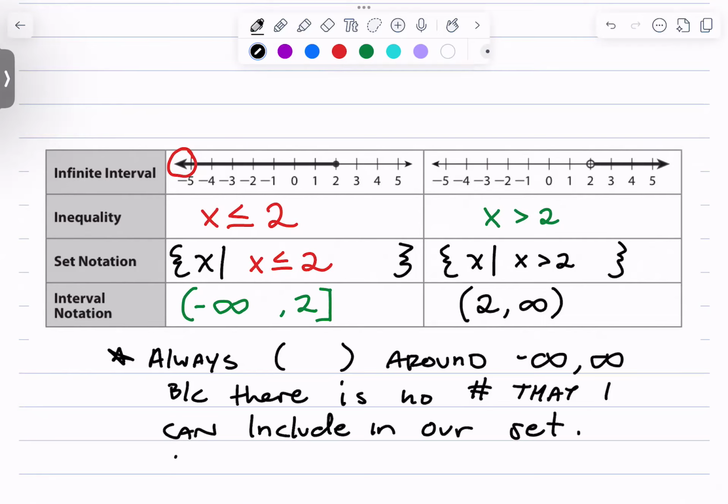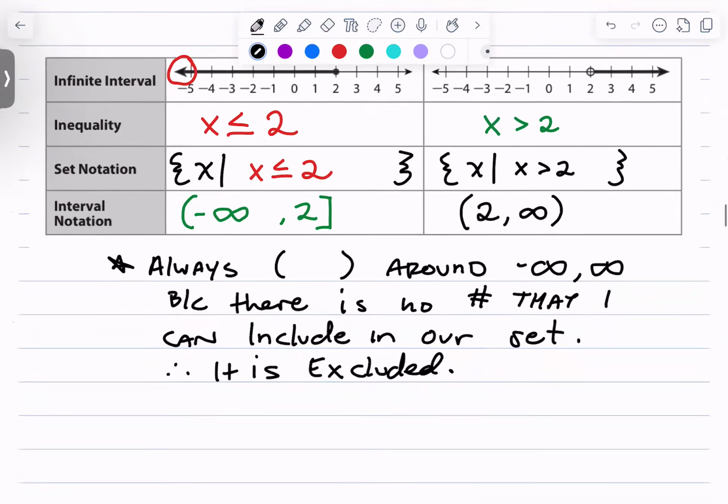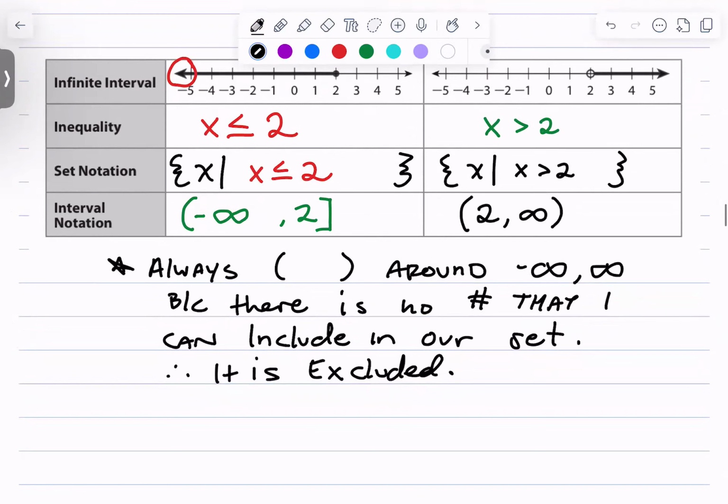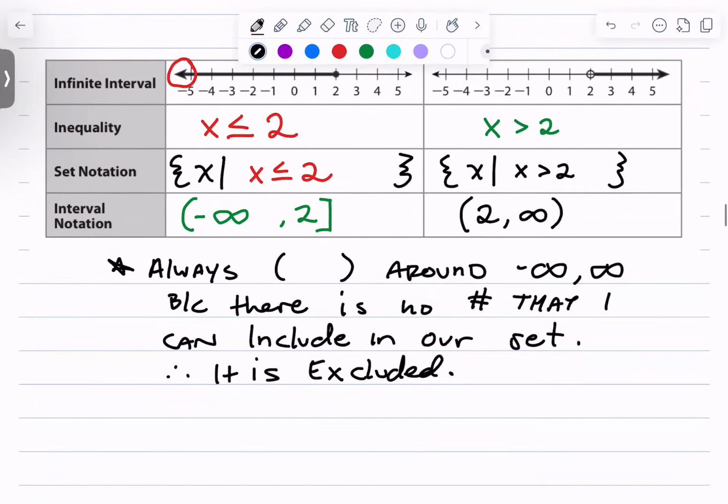Therefore, it is excluded. Questions? So you know the three ways: inequality, set notation, and interval notation. All right?